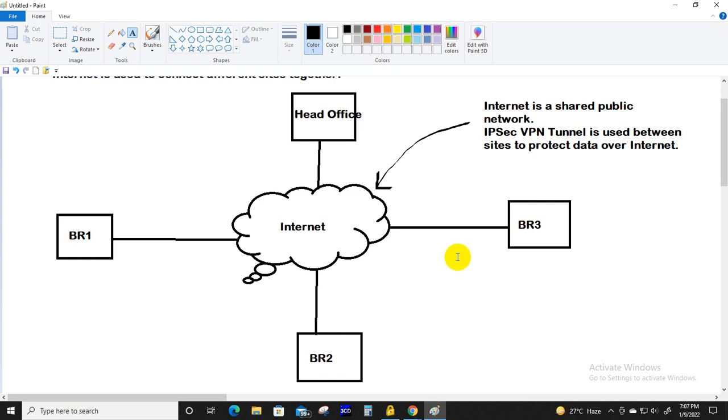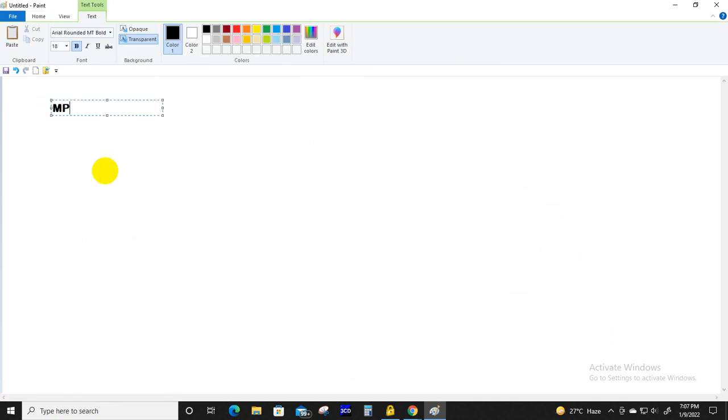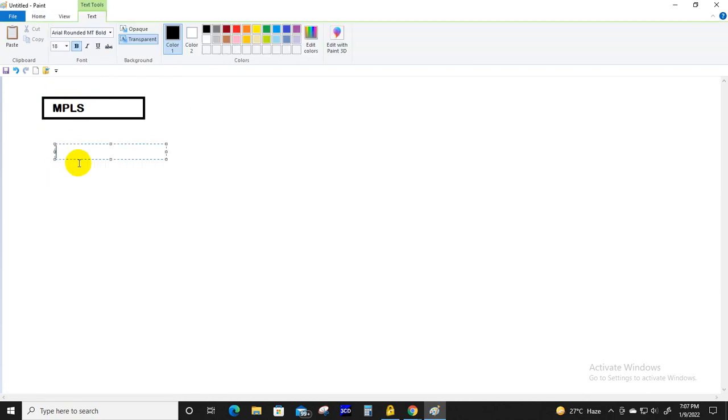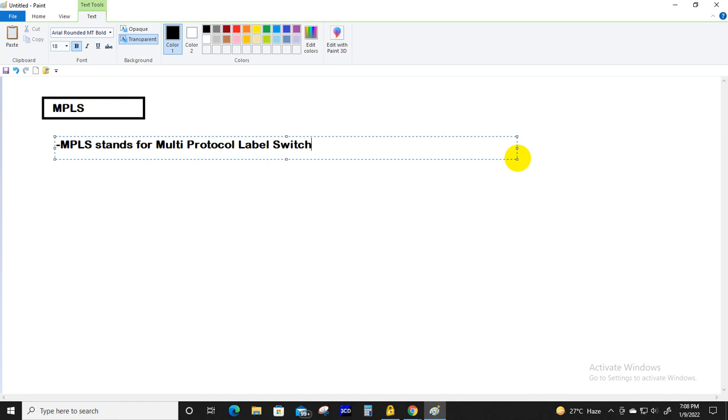Another important WAN technology is MPLS. It's a very common term, very popular term. So we can say MPLS stands for multi-protocol label switching.